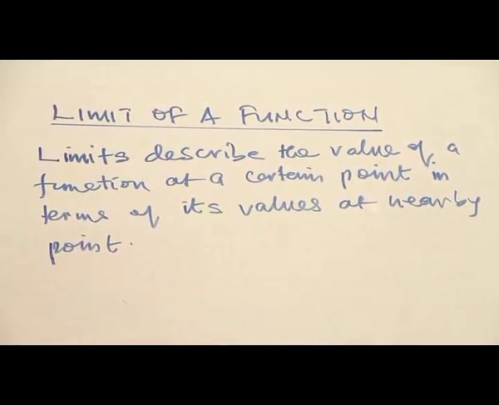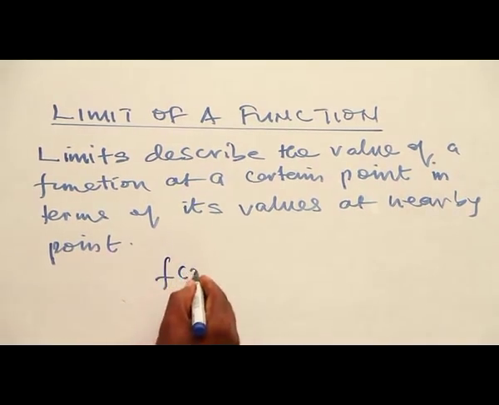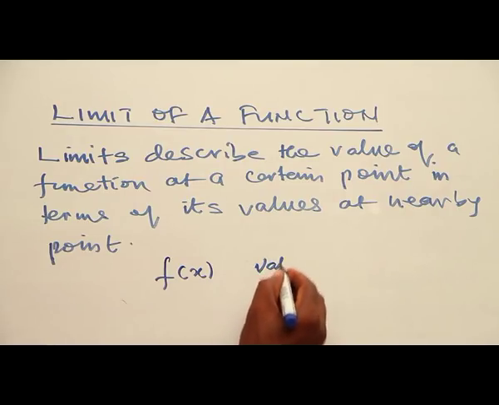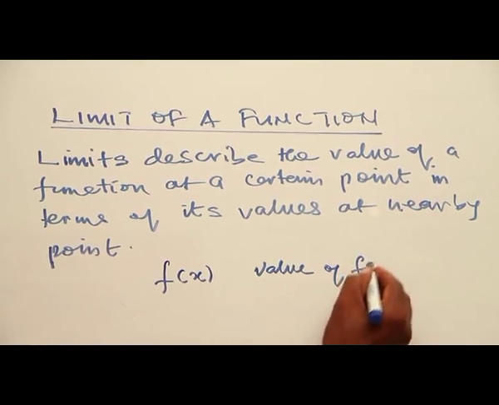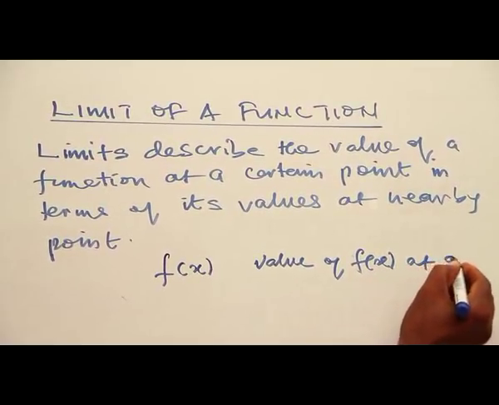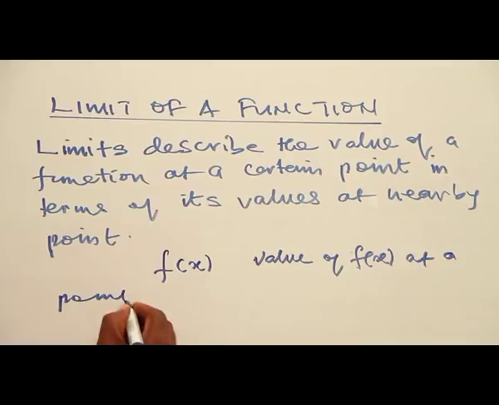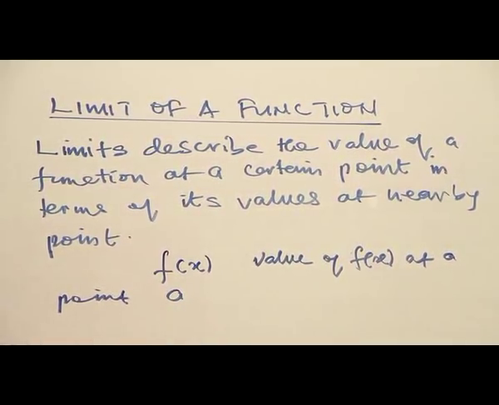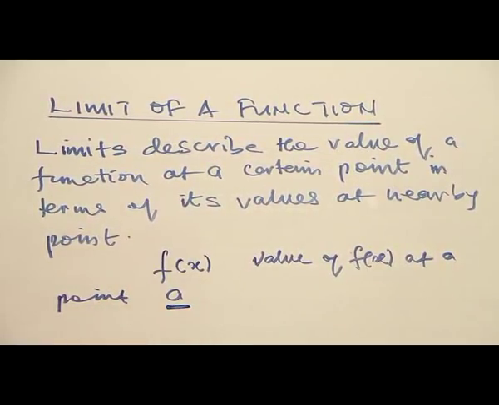Limit of a function. Limits describe the value of a function at a certain point in terms of its values at nearby points. What this means is that if f of s is a function, we want to find the value of f of s maybe at a point A. So at a certain point in terms of its values at nearby points, but not exactly on this A we are referring to.